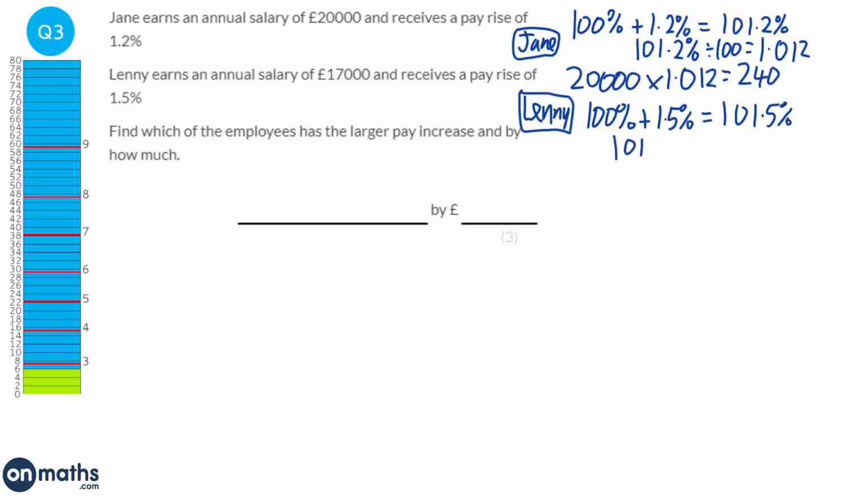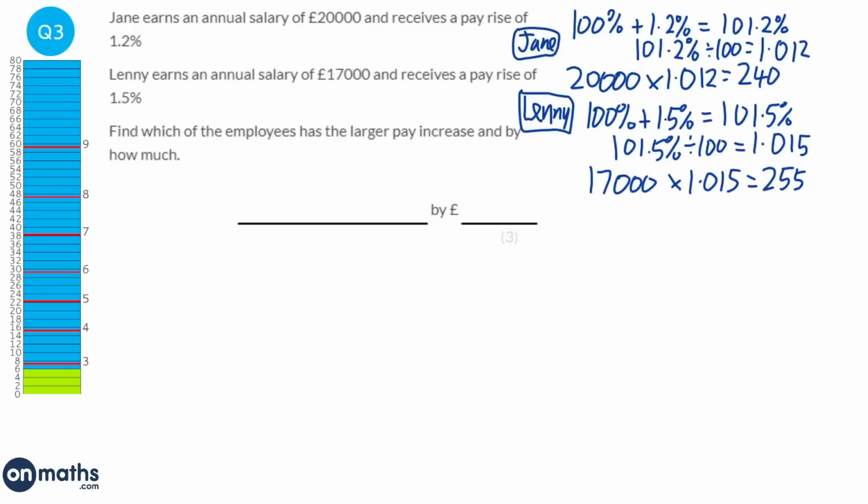Make that a multiplier: we divide that by 100, which gives us 1.015. And then finally what we do is we get the 17,000 times it by the multiplier. And when we do that, we get 255. So Lenny has 255, Jane has 240.